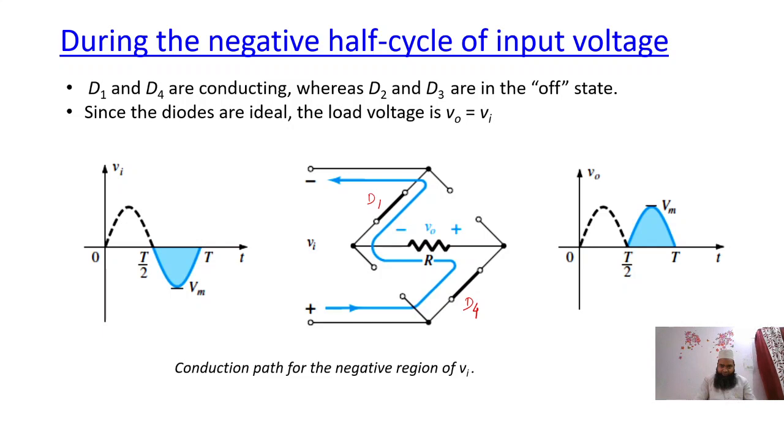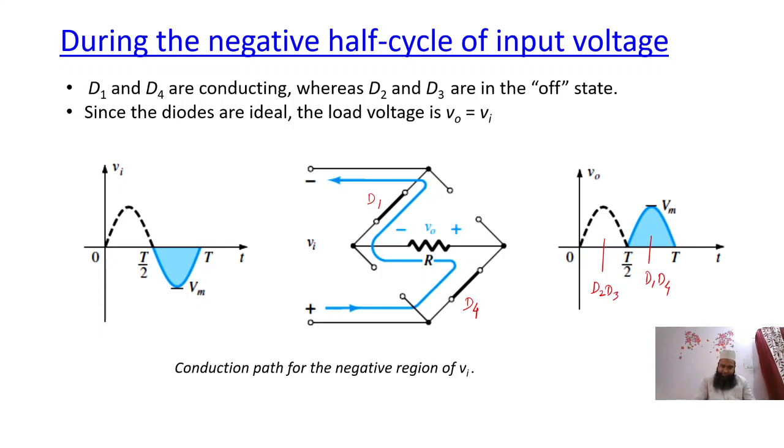So during the negative half cycle, D1 and D4 will be conducting, and for the positive half cycle, diodes D2 and D3 will be conducting.